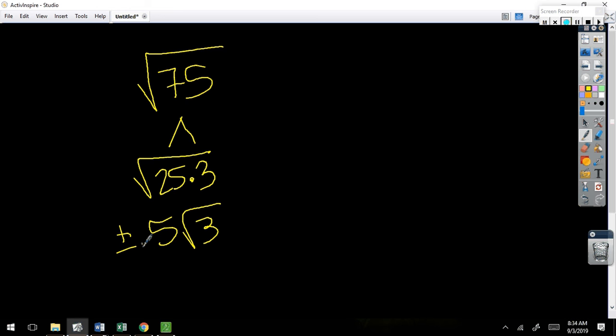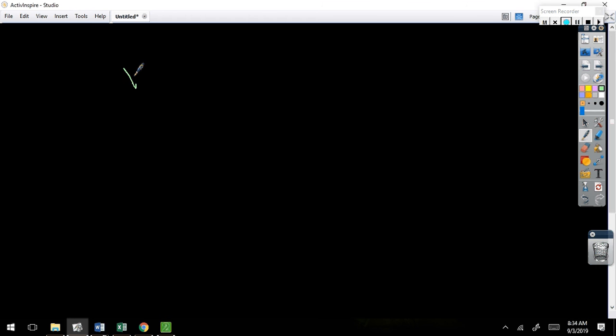One more little thing about radicals before I set you loose. What if I end up with something like this? What is the problem with that? You cannot have a radical in the bottom.